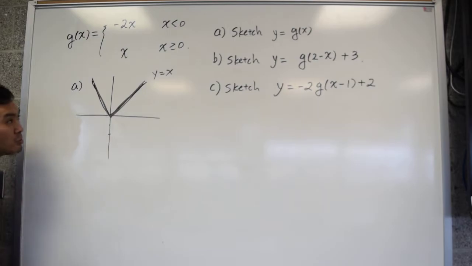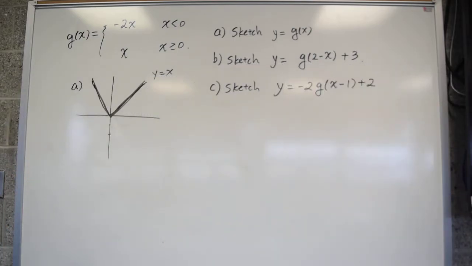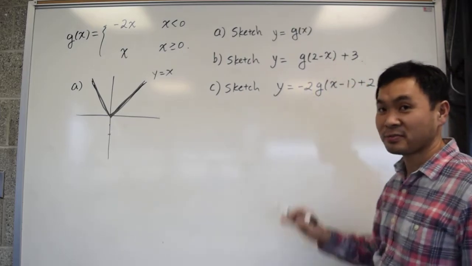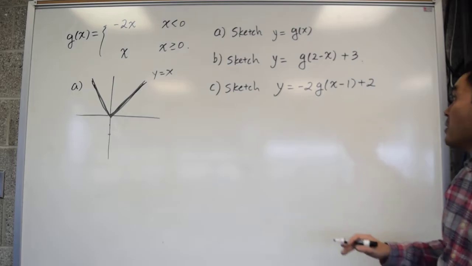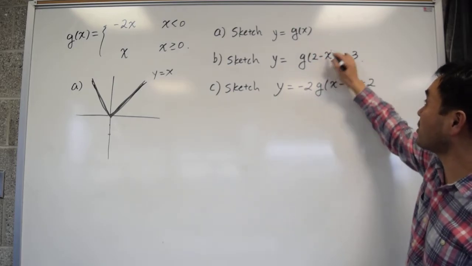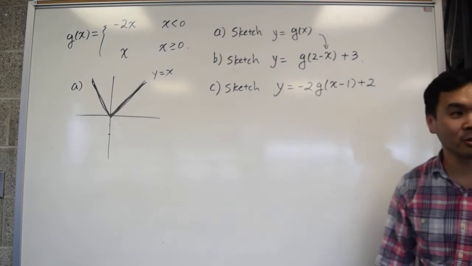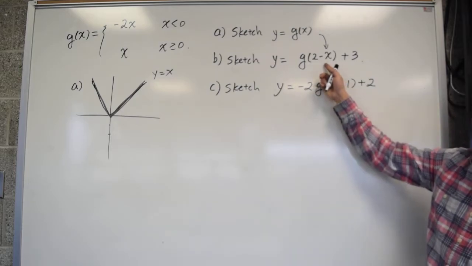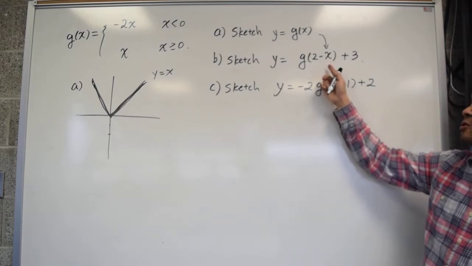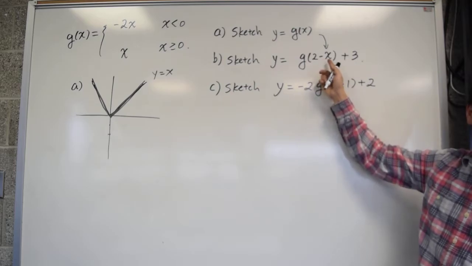Now this question mixes up piecewise functions and all kinds of transformations. What kind of transformation is applied to this function to get to here? When you see this, you kind of wish that this was plus x, right? Because the negative throws you off.